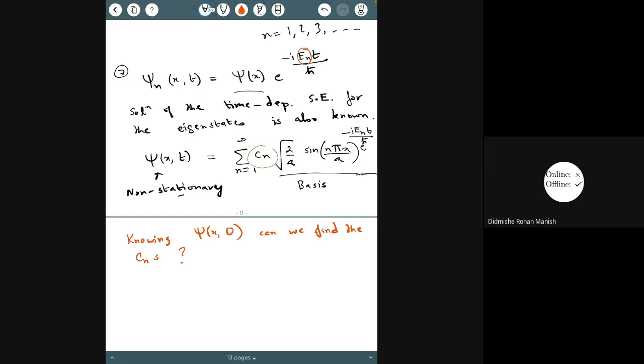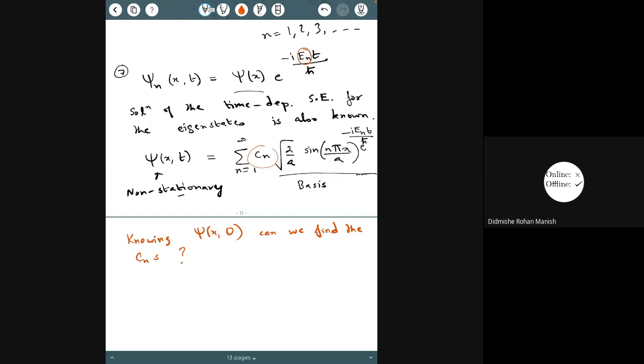So I just said something that is, well, not quite correct. So I said you can choose psi(x, 0) as an eigenstate, but if you want that your function is a non-stationary state, you can't do that, because if it was an eigenstate, then its time evolution would simply be this phase factor. You would not be able to go to a non-stationary state.